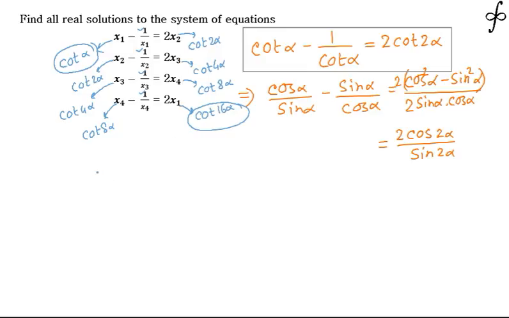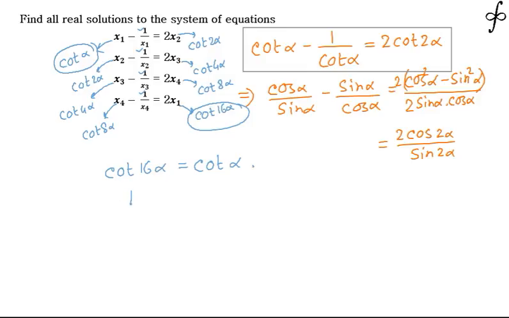So all the four equations will be simultaneously satisfied if cot 16 alpha, the final value of x1, is equal to cot alpha, the initial value of x1. The final value and the initial value of x1 must match so that all four equations get simultaneously satisfied.